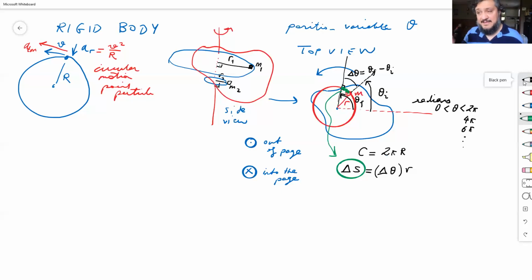So that's what theta is, all right? And from theta, we have delta theta, the difference between the final and initial, which is called the angular displacement. So the second variable here is the angular displacement, delta theta.